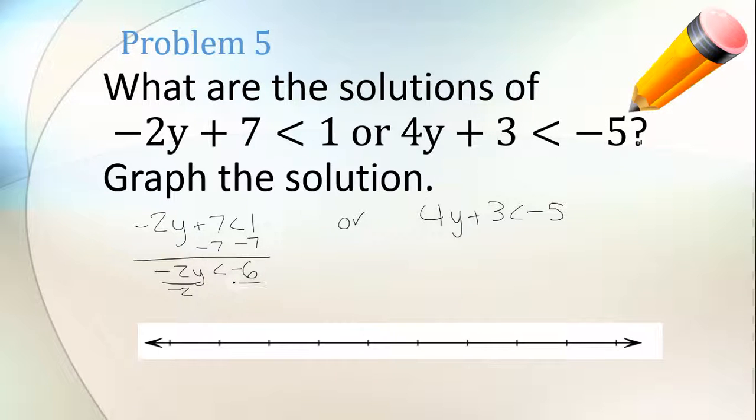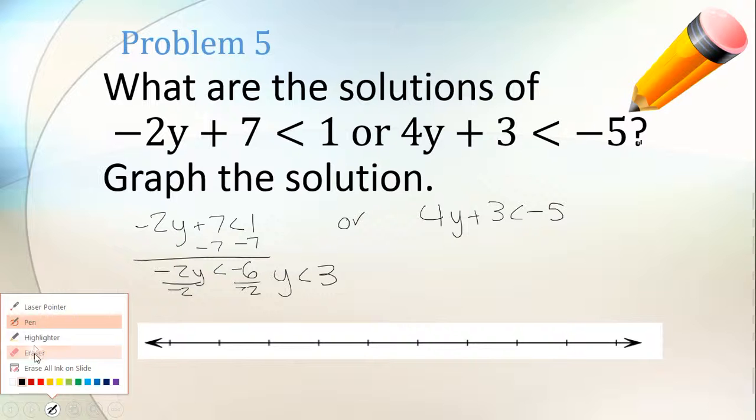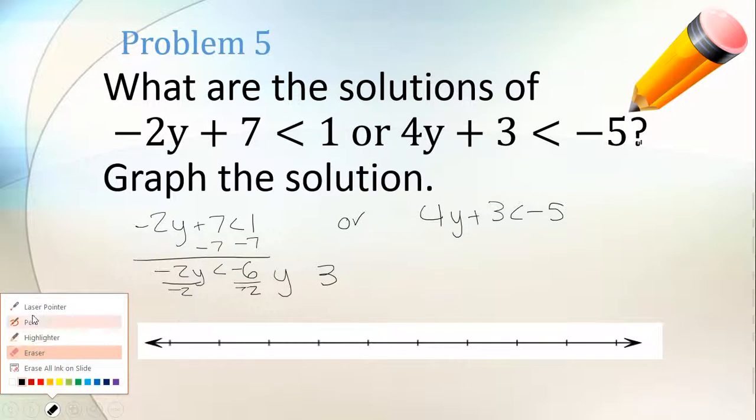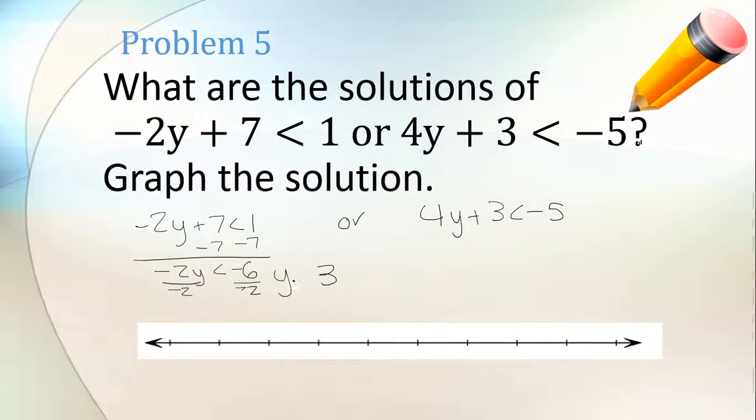Divide by my negative 2. And I get y is less than 3. And actually, now noticing, I divided by a negative. And since I divided by a negative, that sign better flip. There we go. So y needs to be greater than 3.